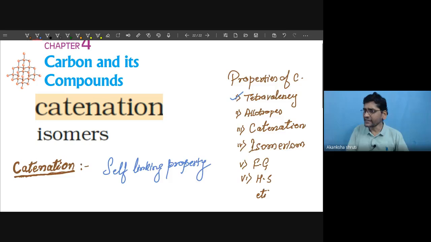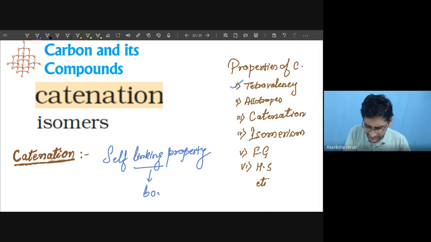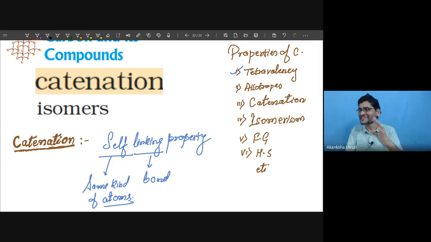Okay, so a link or bond is always formed between 2 or more atoms. Here link means bond, and self means same kind of atoms, because a bond is always formed with at least 2 atoms.